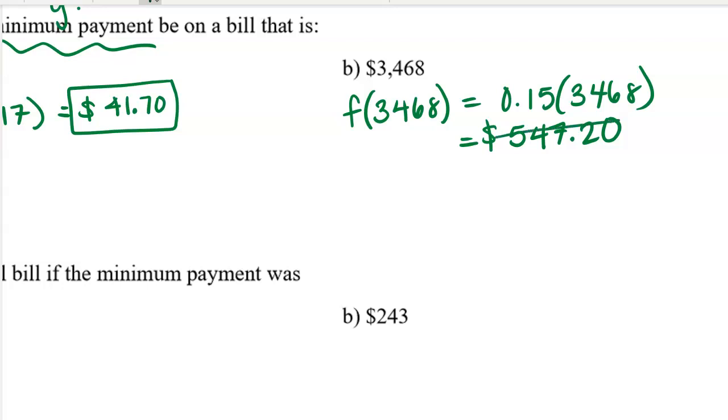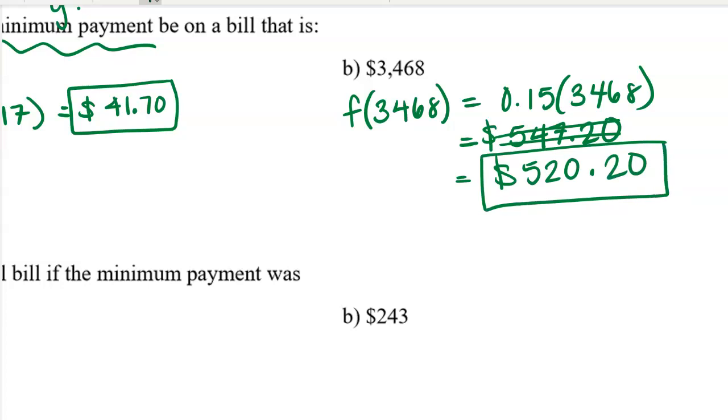No, okay, not it. All right, Ethan, try it again. 0.15 times $3,468, hon. $520.20. Confirm? Okay, perfect. So your minimum payment is $520.20.